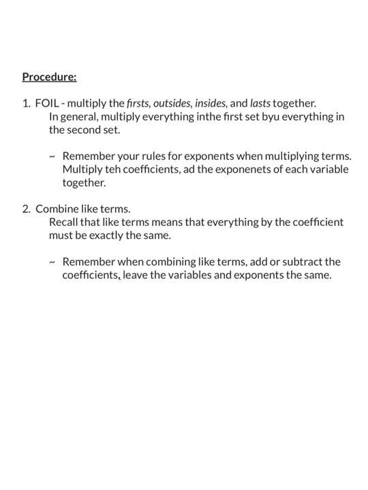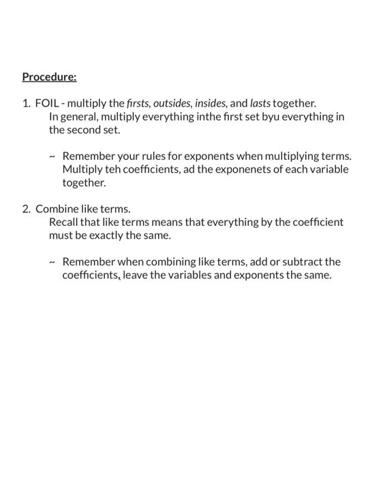So if you want to do FOLI or FLIO or FIOL or LOFI or OIL F or whatever, it doesn't matter. This is just an organizational scheme. So FOIL, what does it stand for? It tells us that we want to multiply in the following order: firsts, outsides, insides, and lasts.